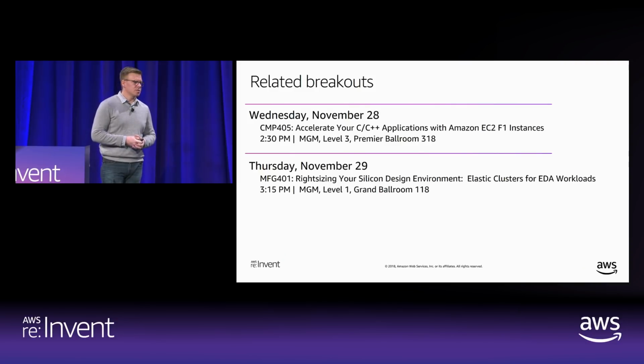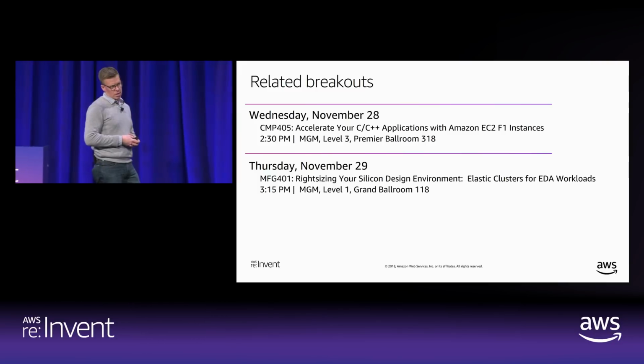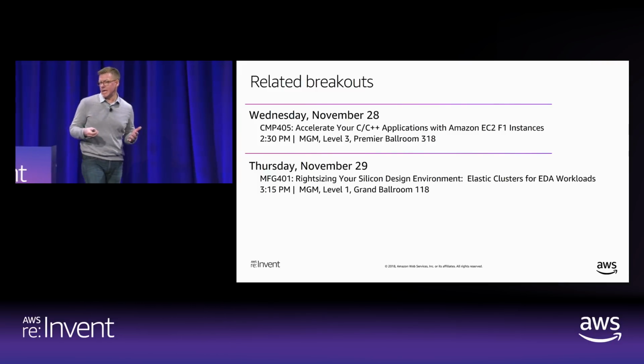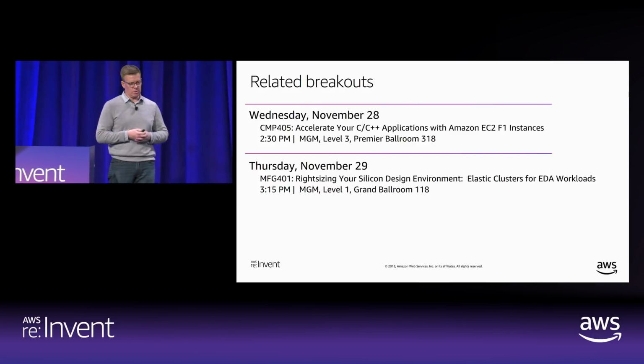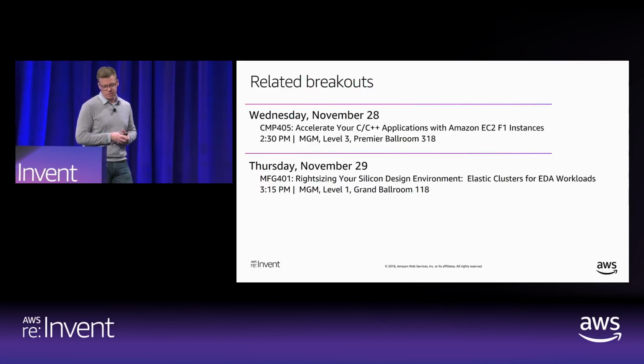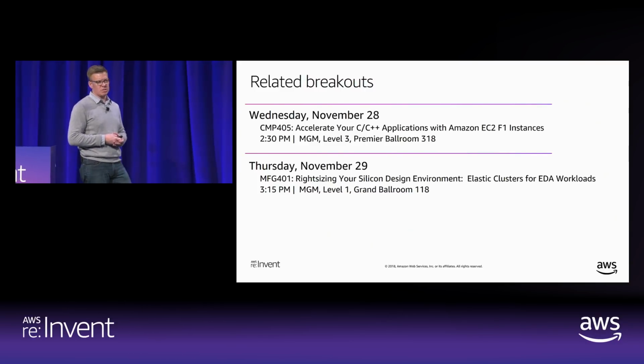I think this is pretty valuable for this audience to know, because what we're going to talk about later is how you can use the F1 instance for EDA. One thing is IP emulation and verification acceleration. So I'd encourage you to look at this workshop and see if it's interesting to you. That's on Wednesday, November 28th.